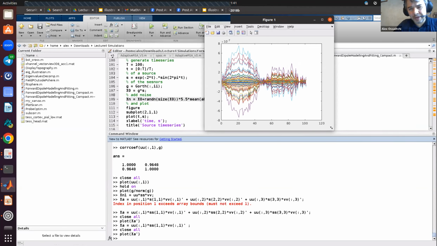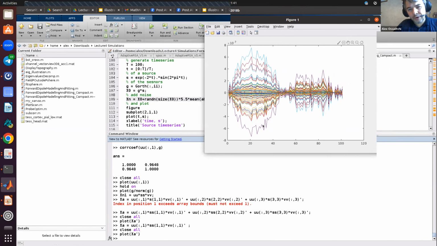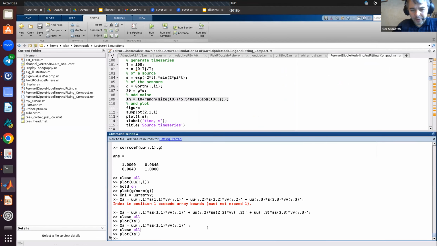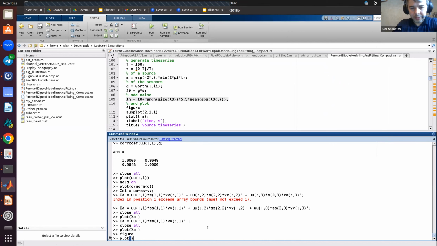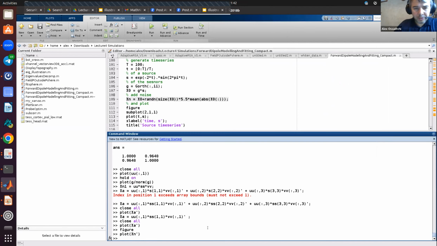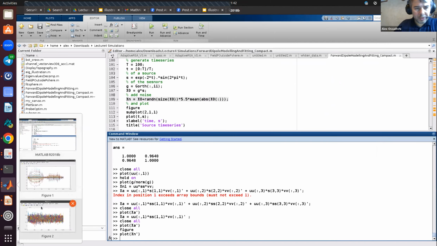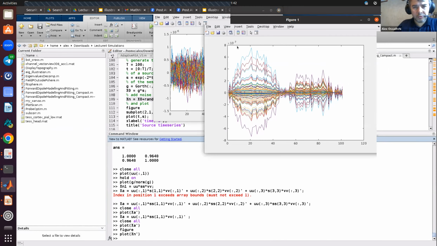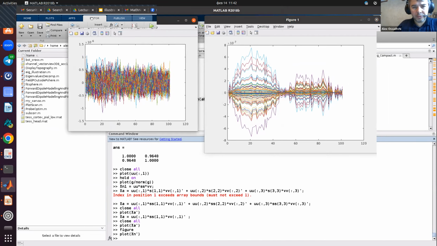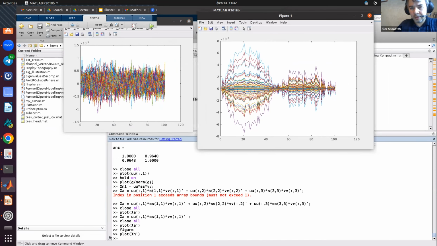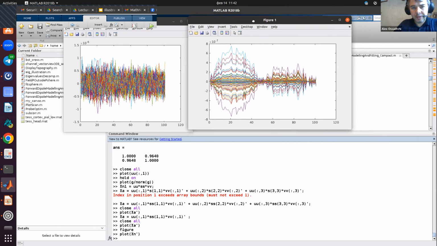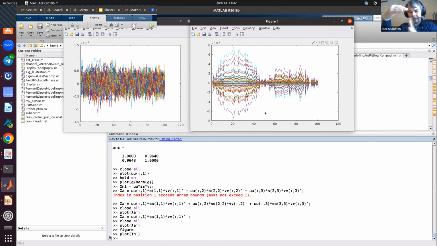Looks a bit ugly because it's a rank 1 thing, but it recovers the source and its activity very nicely, as compared to if you plot the original noisy data. So if you put these two next to each other, then you can see how nicely the use of SVD, left and right singular vectors, allows you to highlight the activity of the source and suppress this noise that is present all around, right?